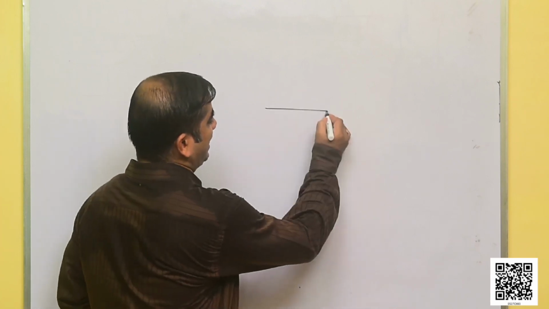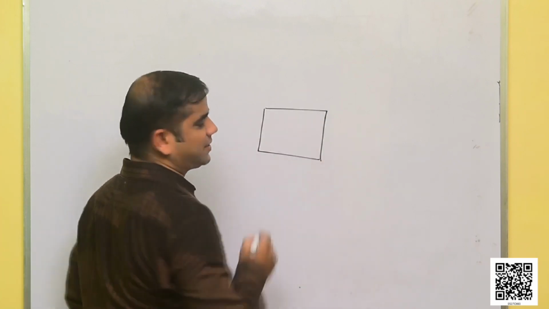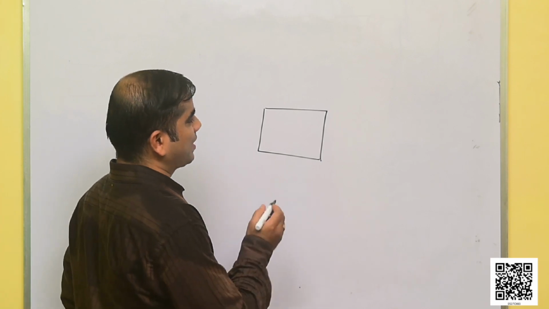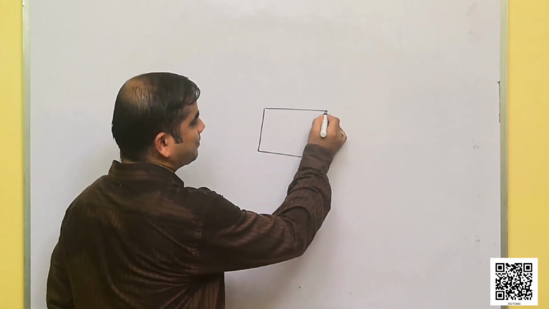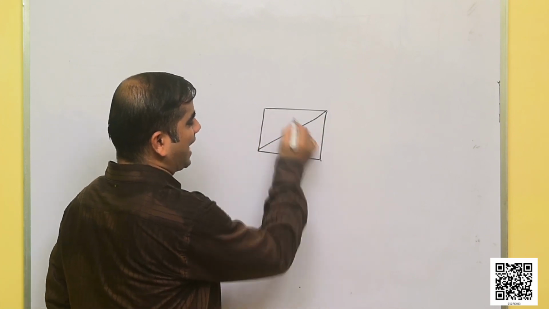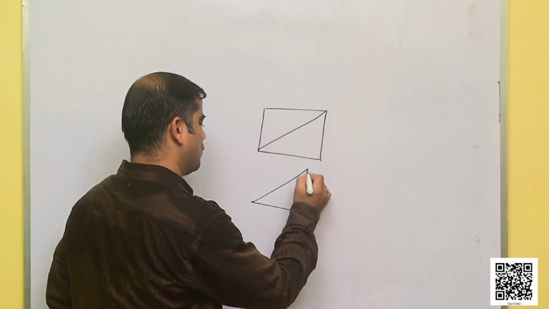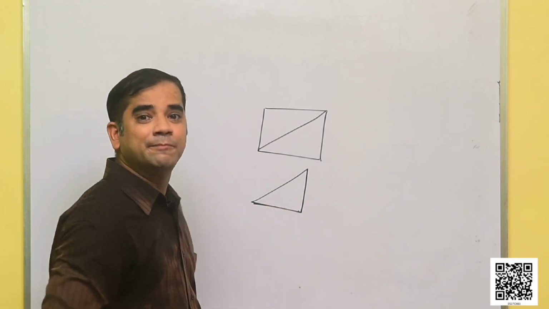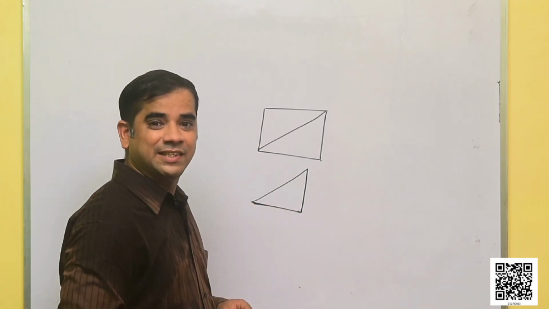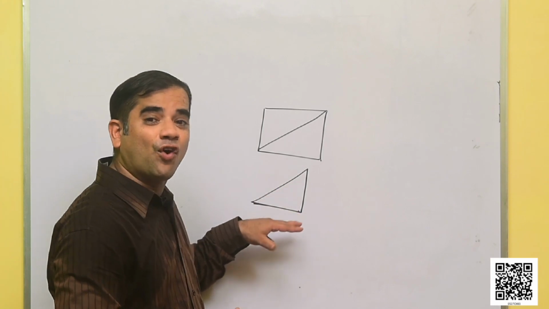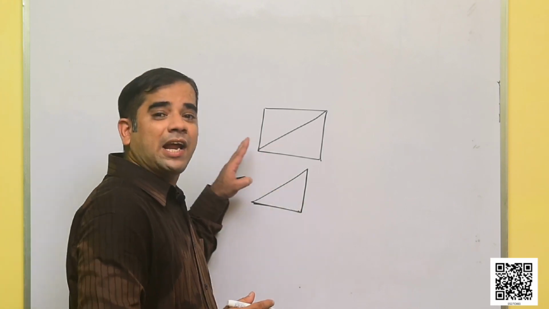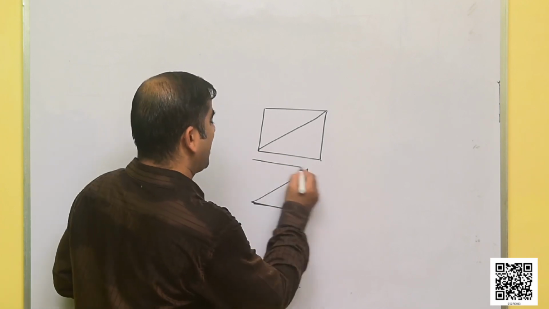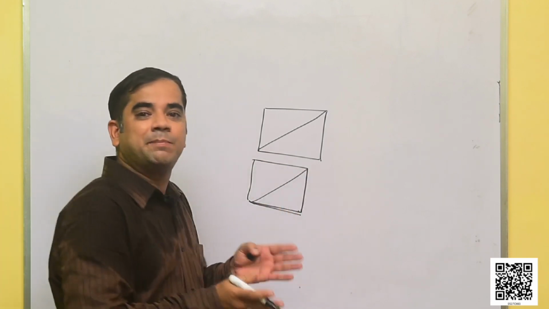Because see, if it's a flat surface, suppose this is a square, if I fold it like this I can get a triangle, isn't it? But it is a folded square. So it actually occupies the area of this much, which is being folded.